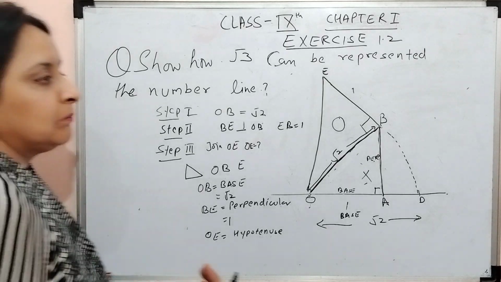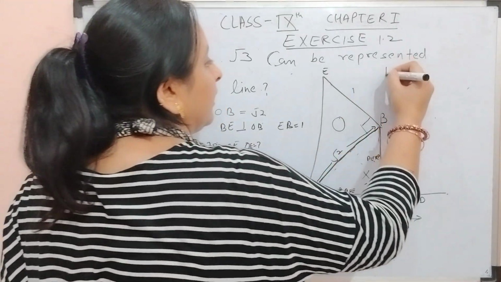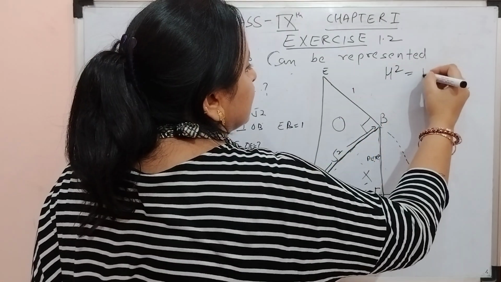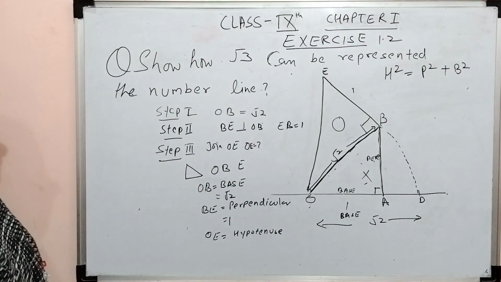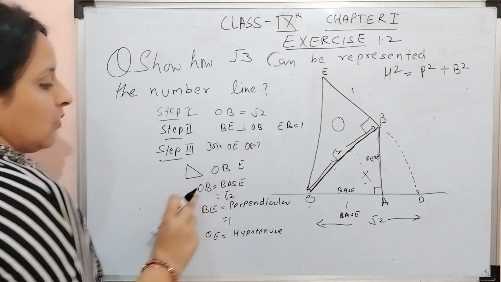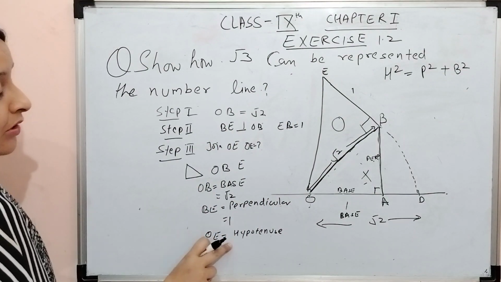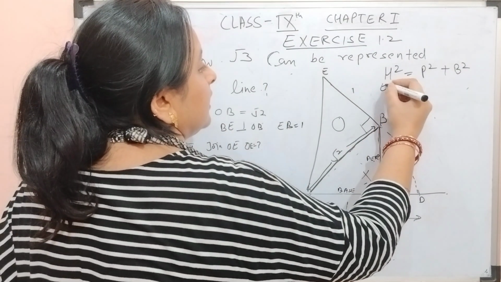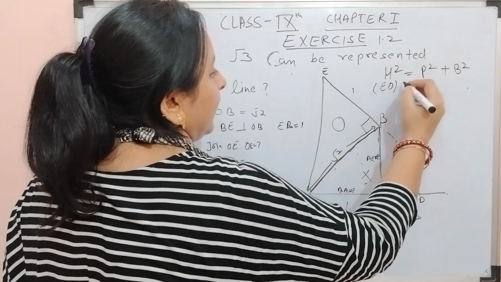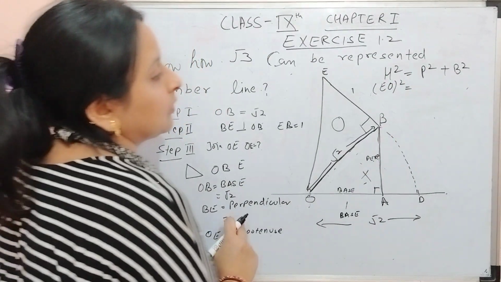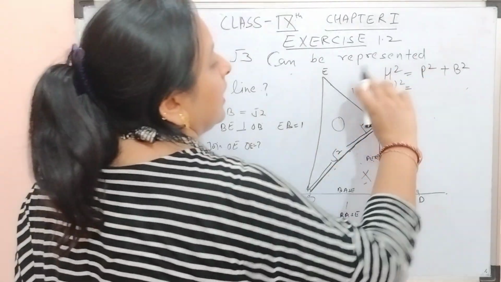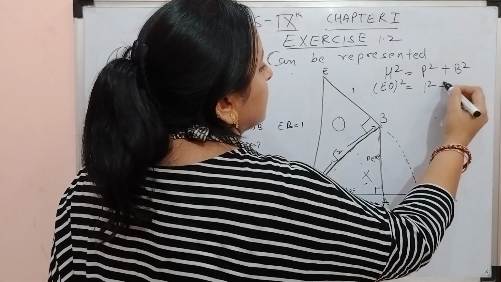Now we are applying the formula from trigonometry, that is hypotenuse square is equal to perpendicular square plus base square. Hypotenuse is EO or OE, so this is EO square or OE square. Perpendicular is BE and BE is equal to 1, so 1 square.